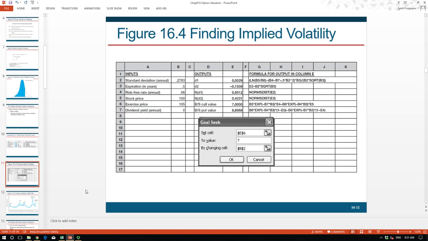And here I show you an example of how to use an Excel spreadsheet to look at the volatility, the standard deviation, by using the Goal Seek function in Excel. So given we know the call option price equals $7, right? And given we know the 4 other factors, then we can look at the value of this standard deviation.